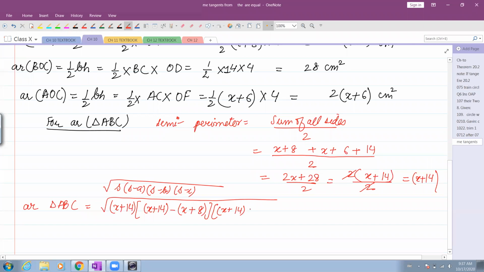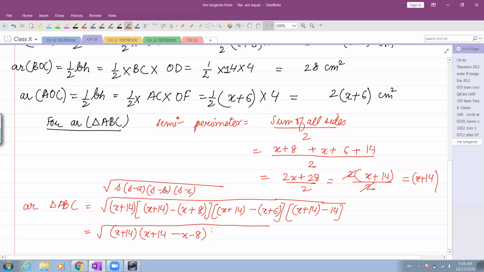And take your time to solve this bracket, although it's very simple, but still be careful with the signs. And those who want to skip these steps, they can do it in their mind directly and write down the answer.